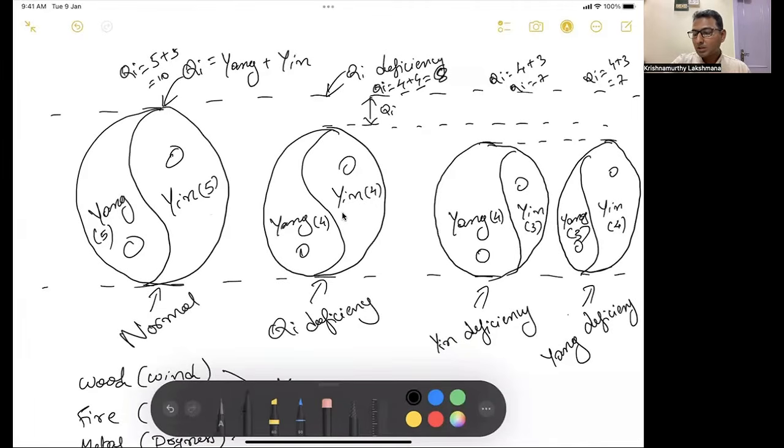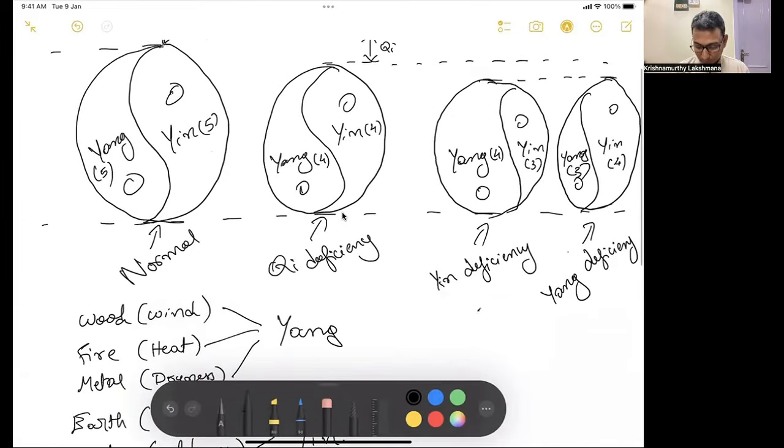Let me see, how many of you did not understand? Can we say that there is yang excess also in the first one? No. Here, can you say yang excess in this one?